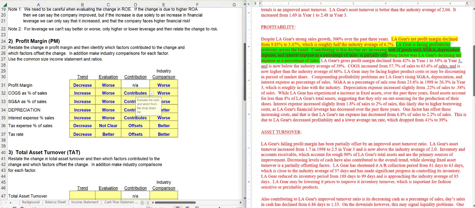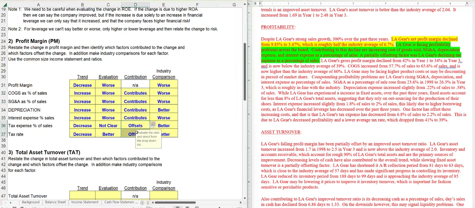Then tell me which factors offset. The partially offsetting factors were a declining tax expense as a percentage of sales and a declining tax rate. And those were our offsetting factors.